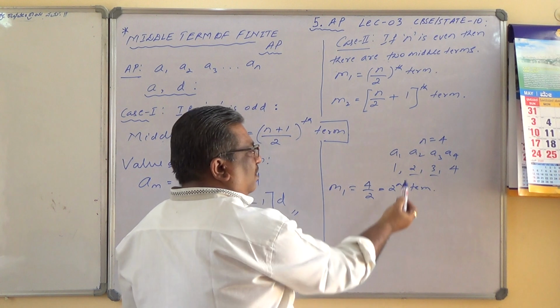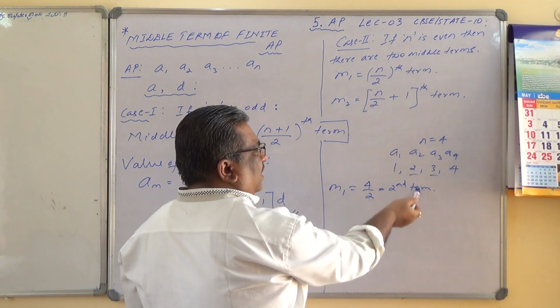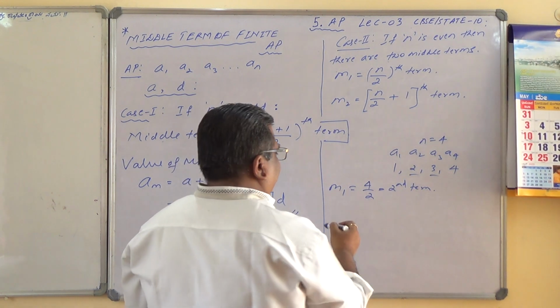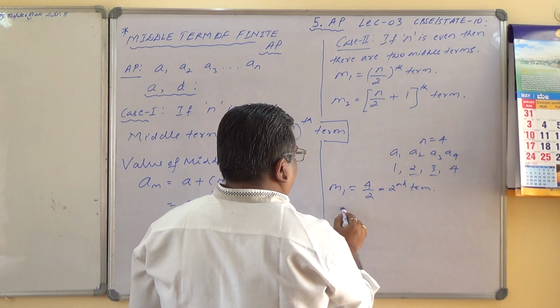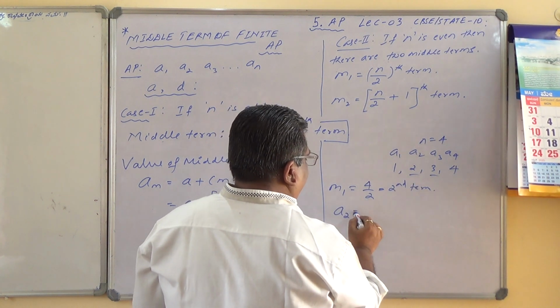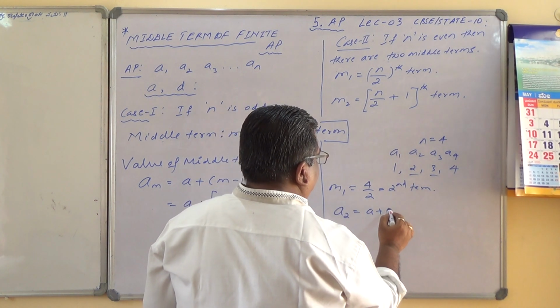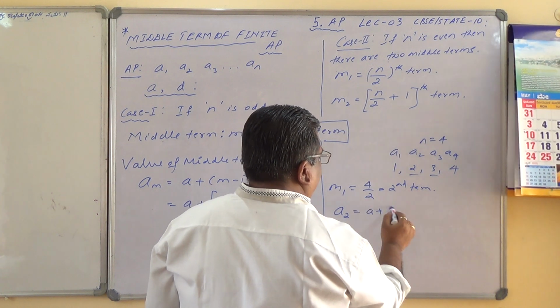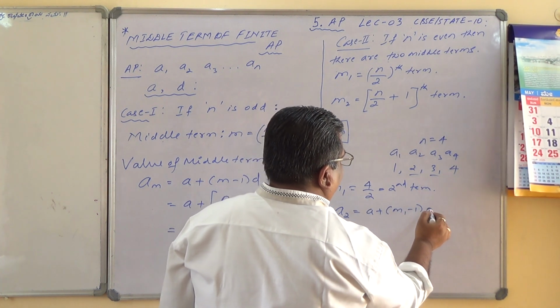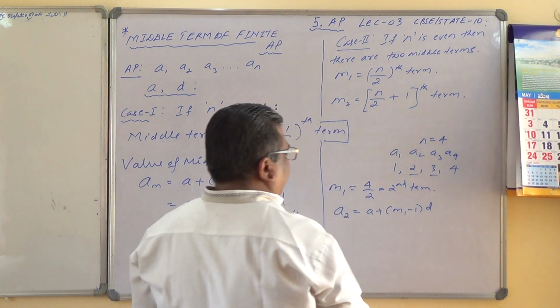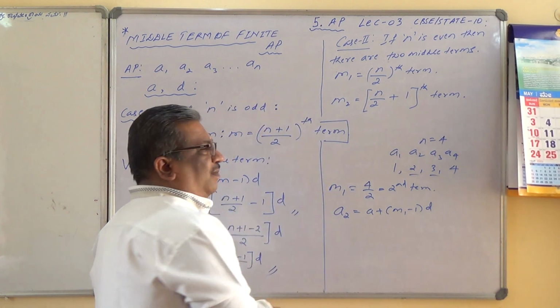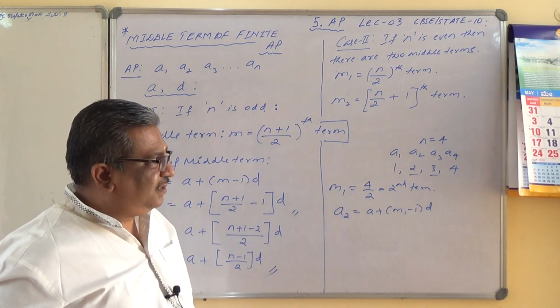Correct now? So a2, how do you find it? The value of a2 equals a plus (m1 minus 1) into d. This is how you get it. Use this formula. I hope you are able to understand this.